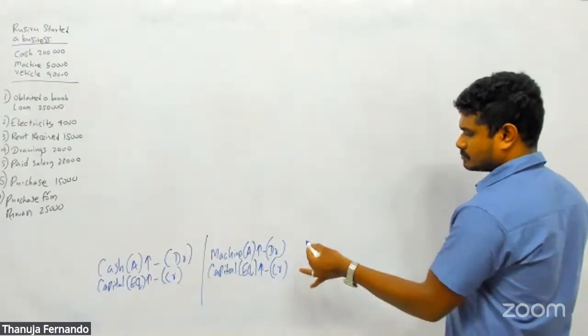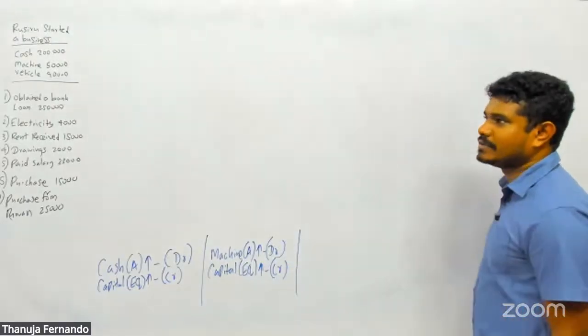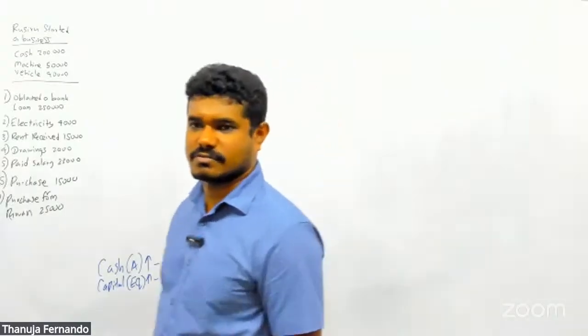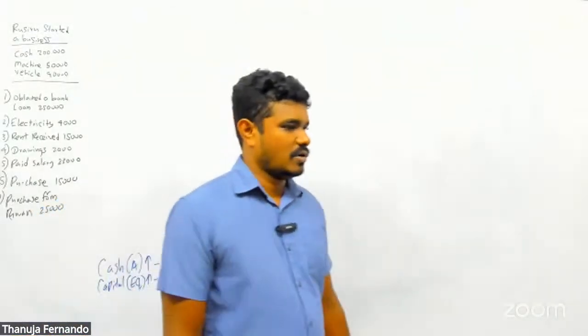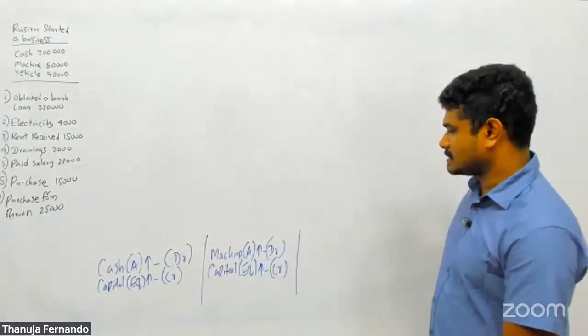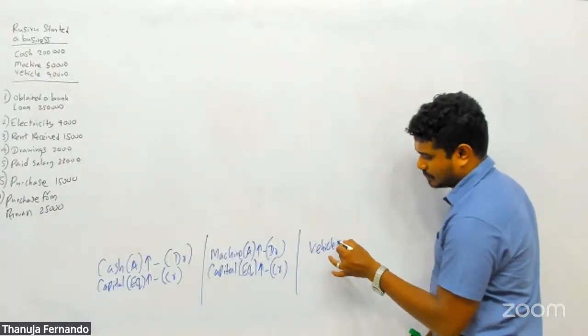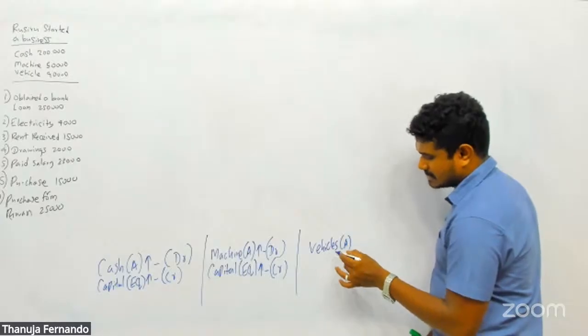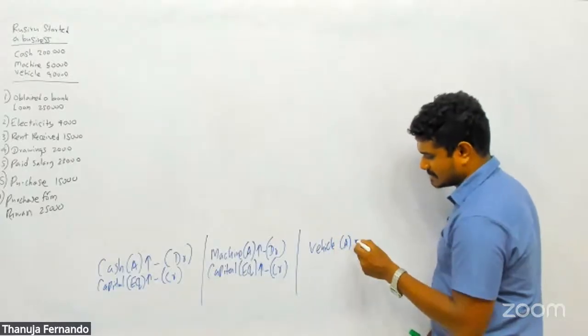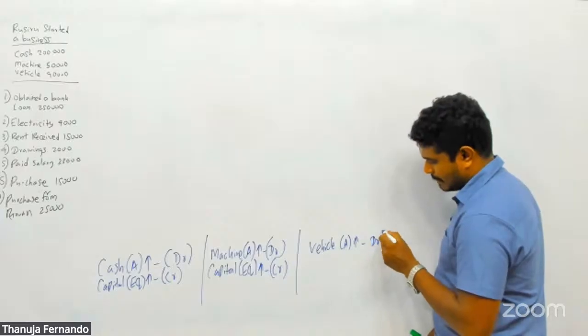Next one. Yet again, the owner invested a vehicle to the business worth 90,000. When the owner invests a vehicle to the business, vehicles in the business increasing. Vehicle is an asset. Asset increasing, debit.